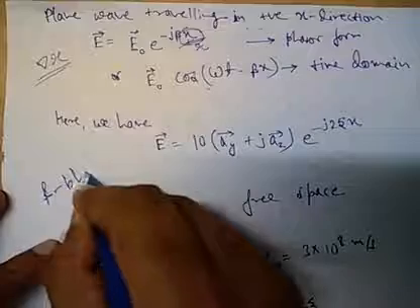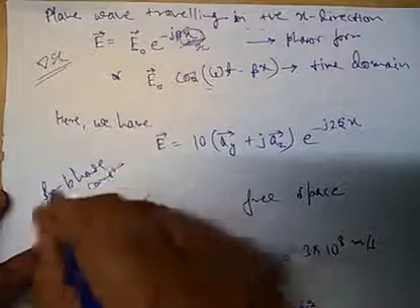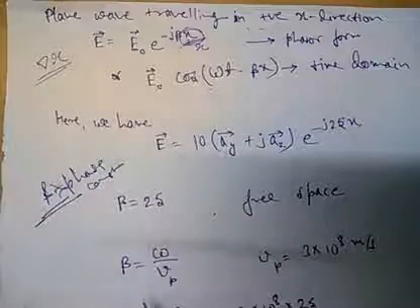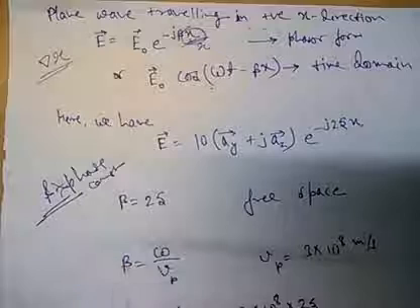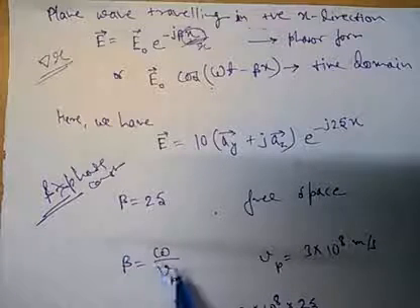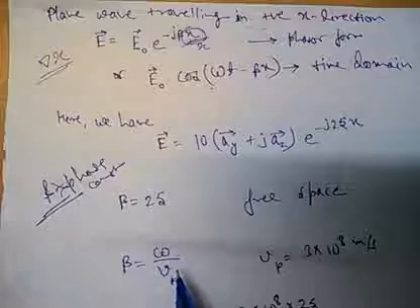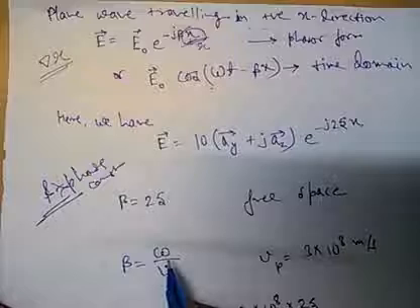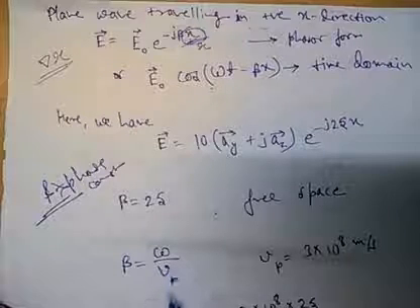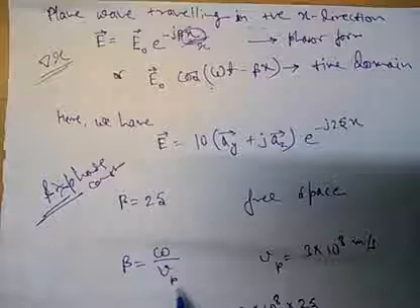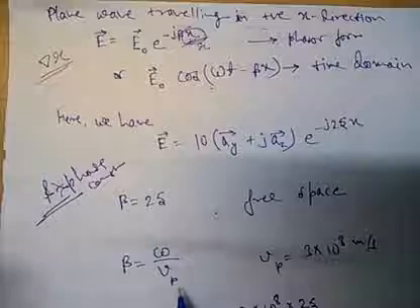Beta is the phase constant. And there is a wonderful relation between beta and the frequency of the signal, or you can say the EM wave, electric field component and magnetic field component. There is omega, and Vp is the velocity of the wave in that medium.